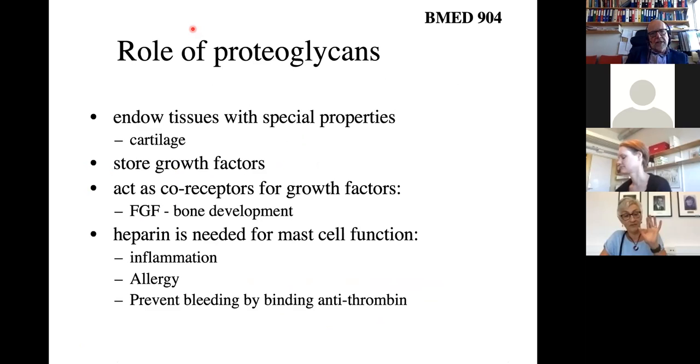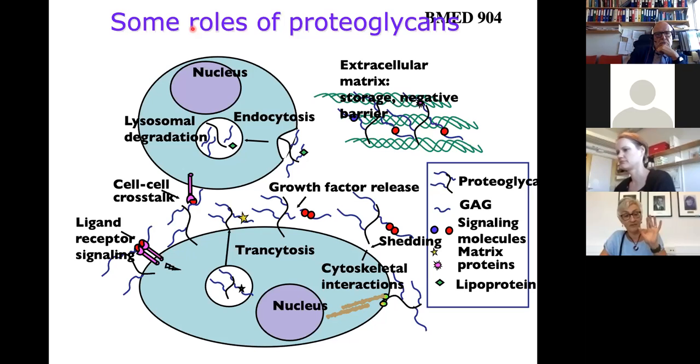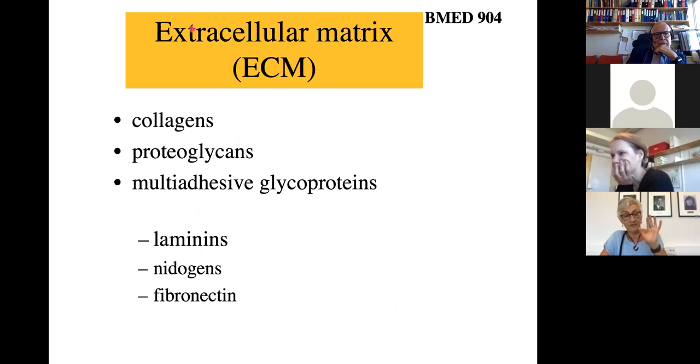So proteoglycans endow tissues with special properties, store growth factors, act as co-receptors for growth factors, and a special proteoglycan called heparin is needed for mast cell function. And we said that proteoglycans contain large amounts of sulfate groups, bind large amounts of water, and resist compression forces. And this is a summary slide of this.